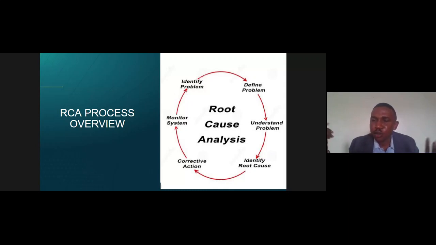And there are various tools that you can use to do that. As we proceed in the presentation, you're going to see some of the tools, strategies or technology that you can use to identify the root cause. And once you have identified it, the next step is what? Putting a corrective action in place so that it will not occur again.